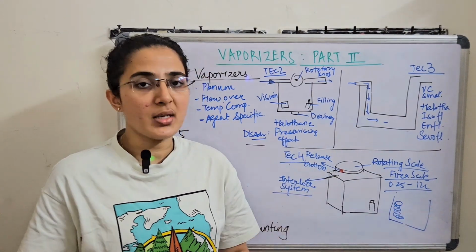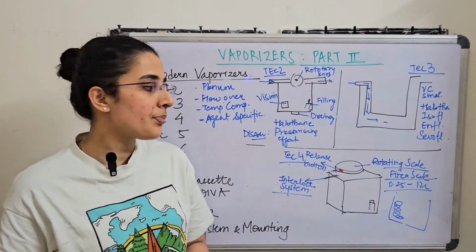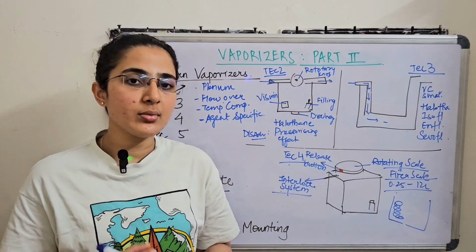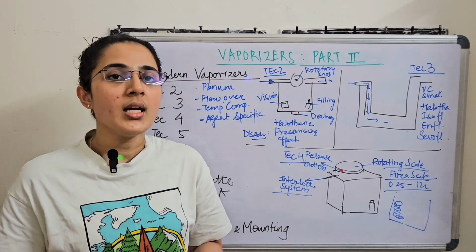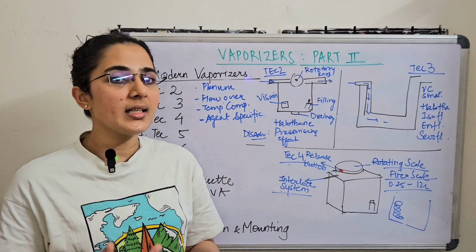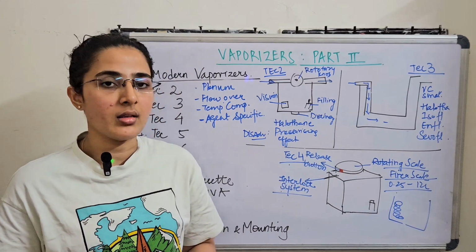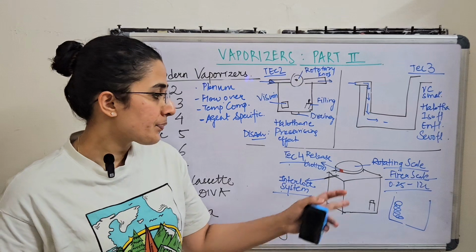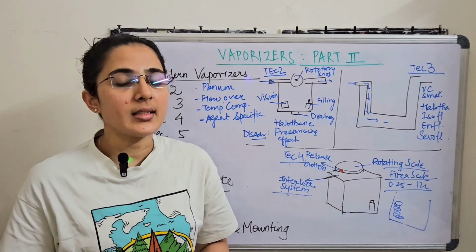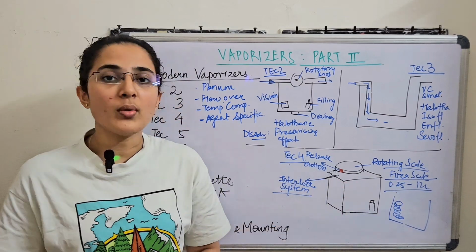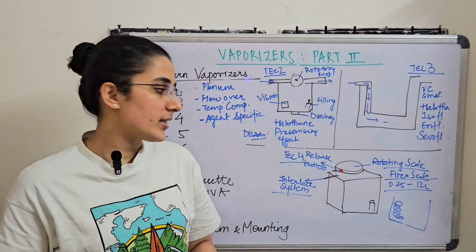So it helps in the formation of more vapors. Okay, and these wicks and baffles also help in preventing spilling of the liquid agent when we tilt the vaporizer. So usually from Tech 4 onwards, it can be tilted up to 180 degrees without causing leaking of the vaporizing agent.